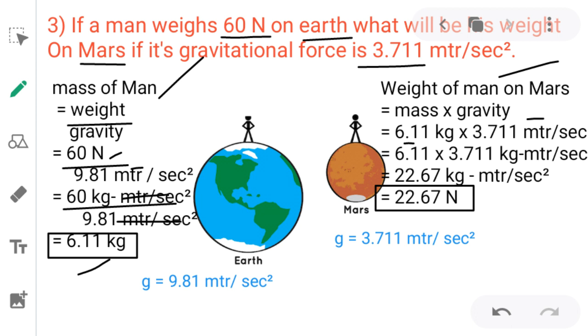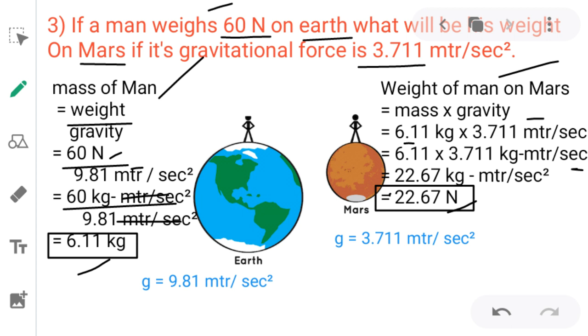Just multiply the numbers and take unit to one side. Multiplying numbers we get 22.67 kg meter per second square. We can replace kg meter per second square with Newton. Hence the weight of man on Mars is 22.67 Newton.